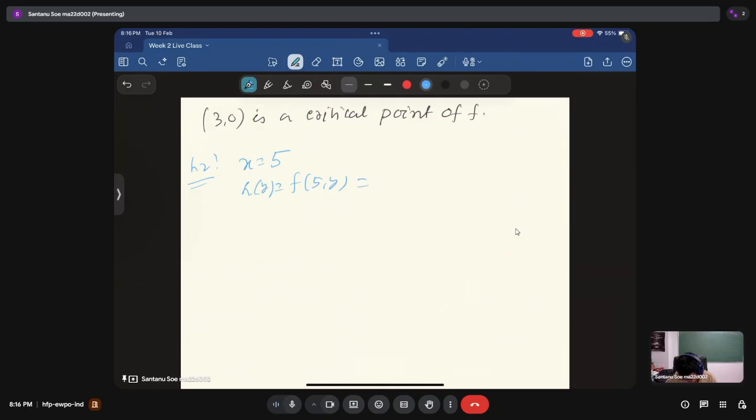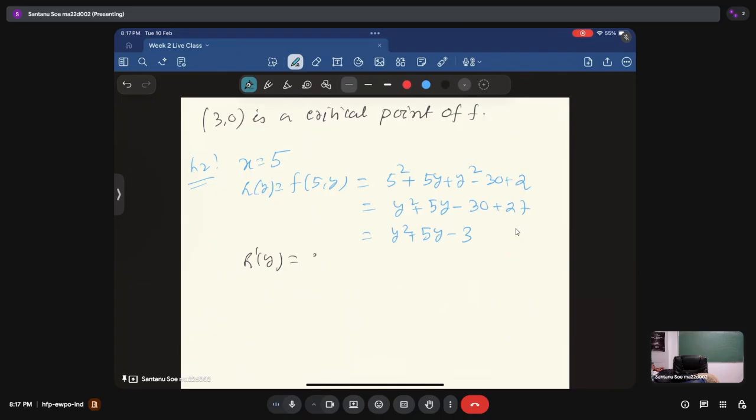So this is gonna be 5 square plus 5y plus y square minus 30 plus 2. So this will be y square plus 5y minus 30 plus 27. So this will be y square plus 5y minus 3.